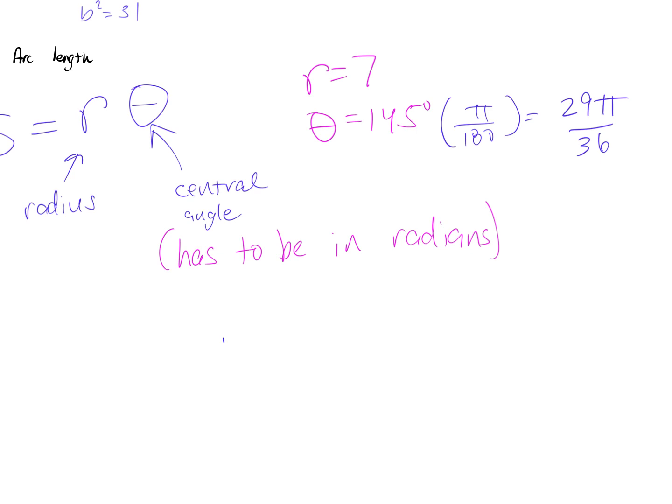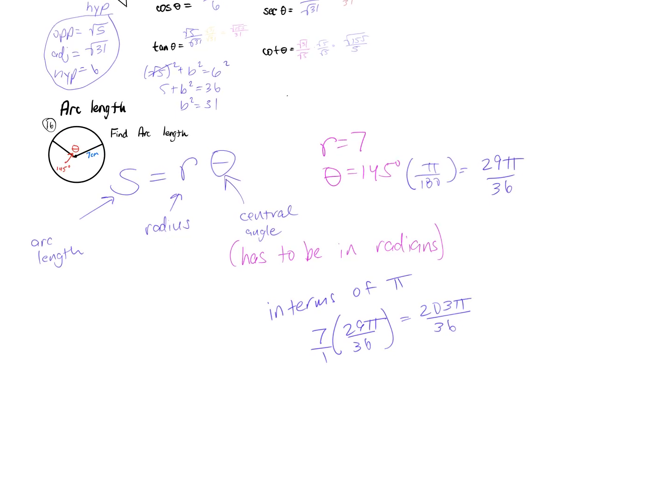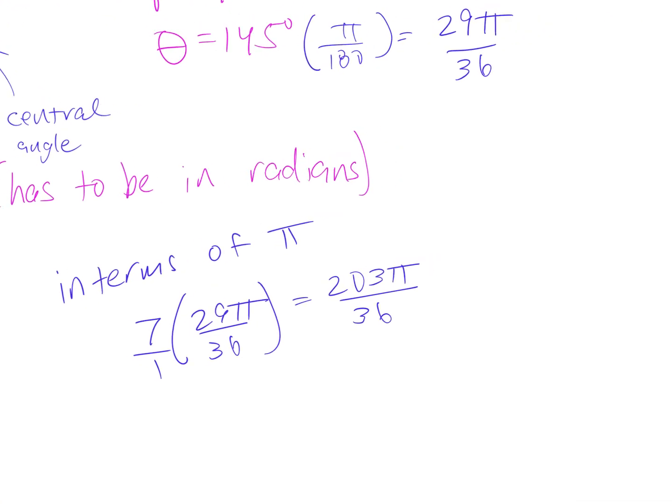If it says keep answers in terms of pi, this would be 7 times 29 pi over 36. So 7 times 29 is 203 pi over 36. What are we measuring? Arc length. So it's centimeters, the length of the arc.